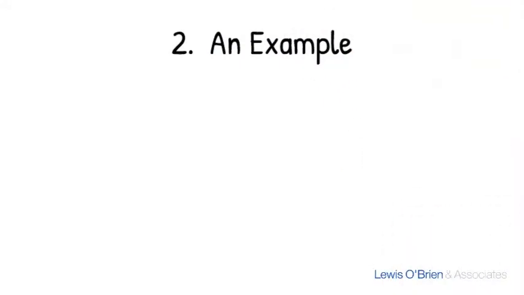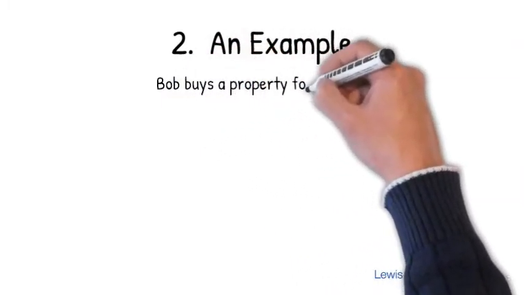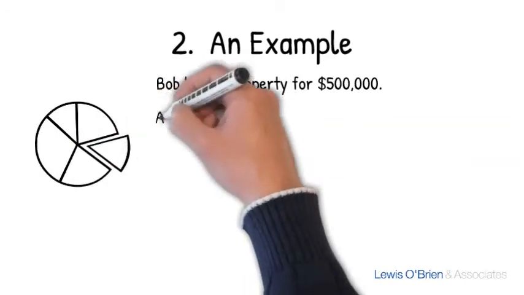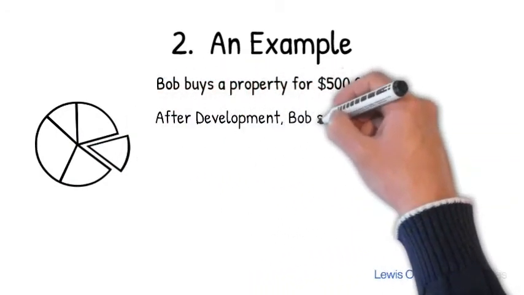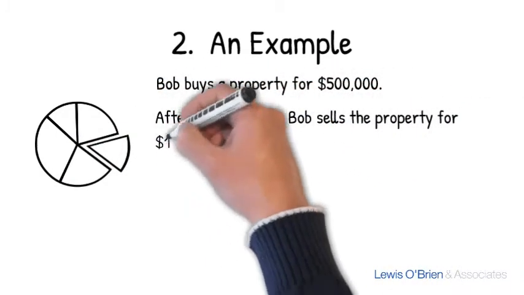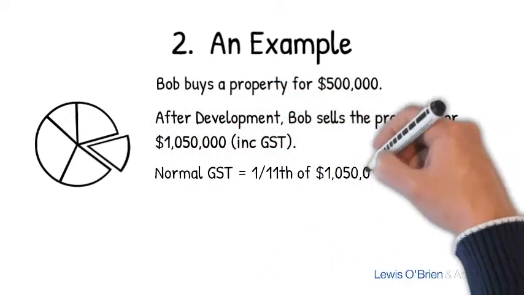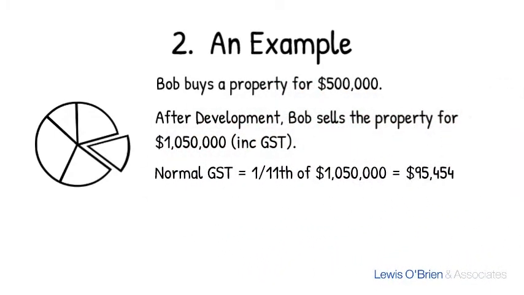Let's assume Bob, who is a developer and therefore conducting an enterprise and needs to be registered for GST, purchases a property for $500,000. He then develops the property and then sells the property for $1,050,000. If the normal GST rules were to apply, Bob would pay 1/11th of the sale price of $1,050,000 as GST.